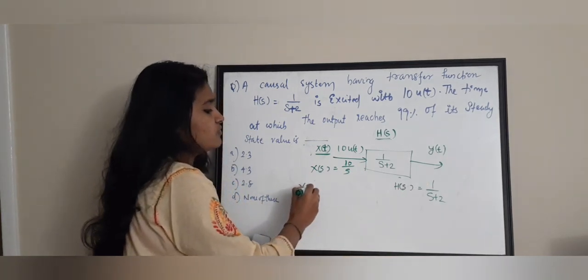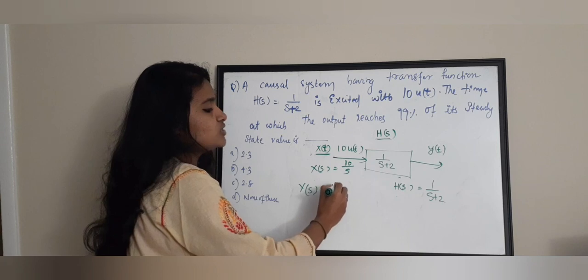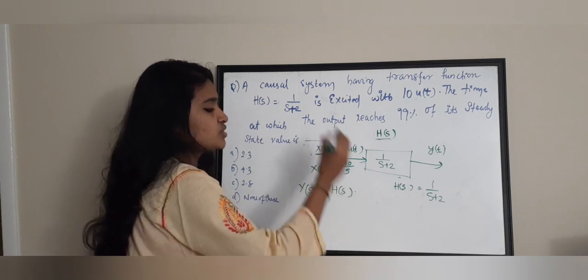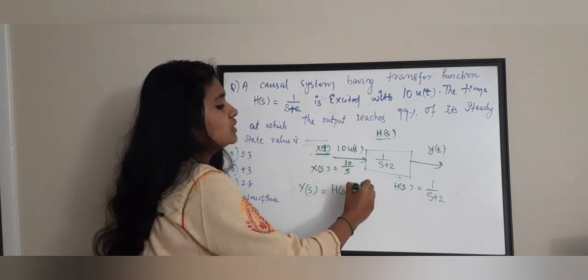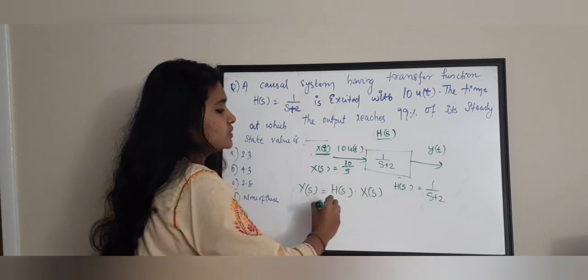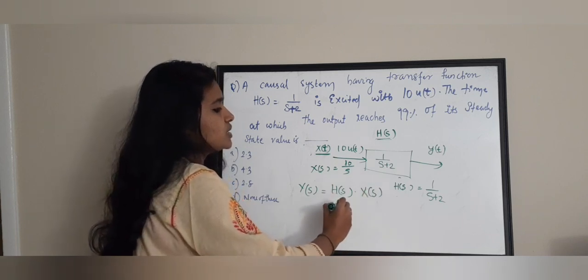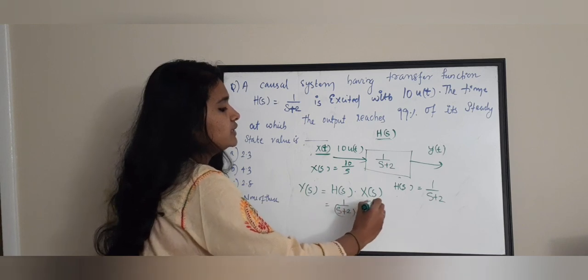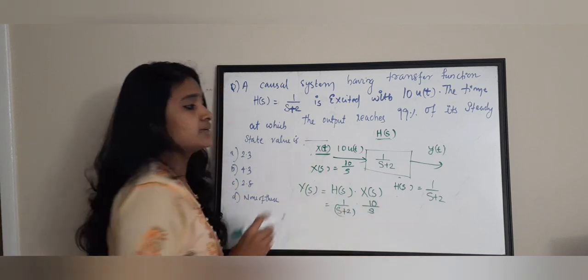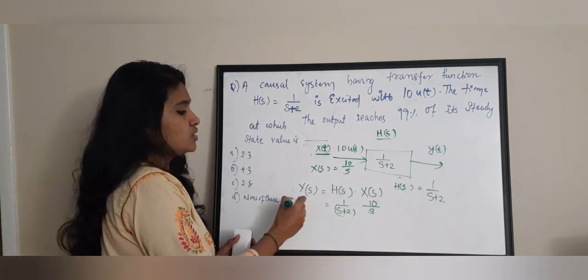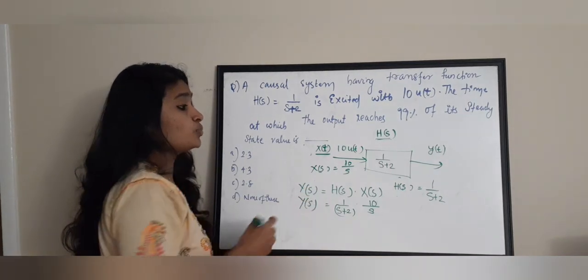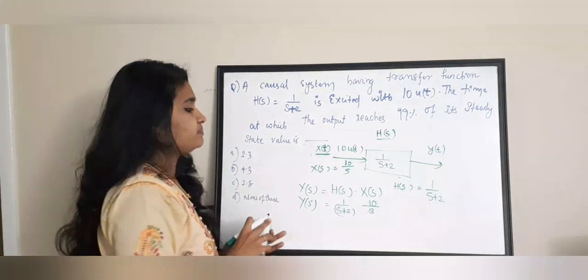Then Y(s) equals H(s), the transfer function, times your input X(s), right? So that is 1 by s plus 2 times 10 by s, right? So this is your Y(s) or your output function.